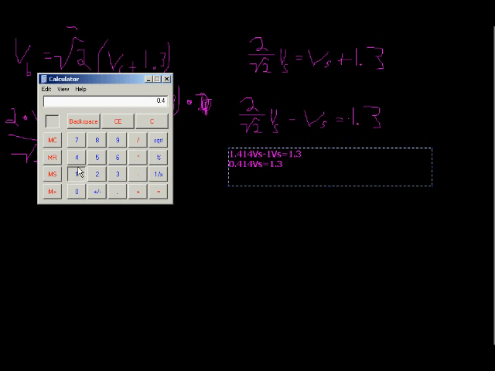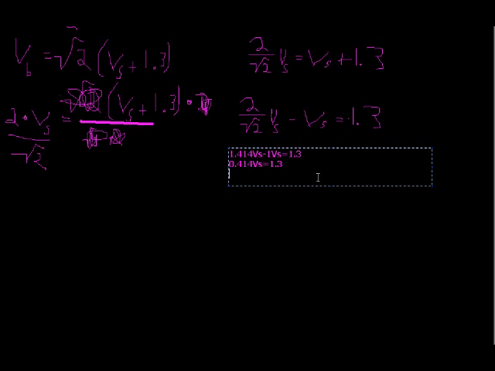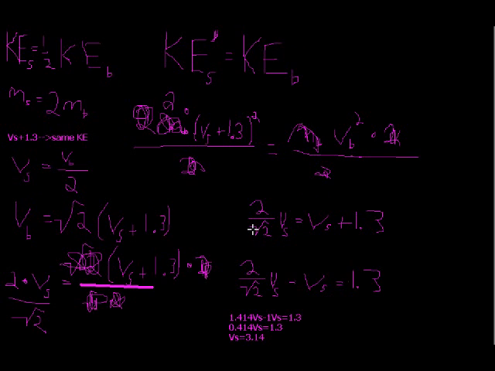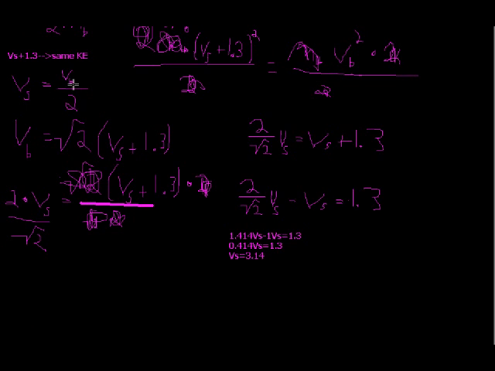We get 3.14. So the student's velocity equals 3.14. And then remember, if we scroll up a little bit, we said the student's velocity is half the brother's velocity. So if we just double the student's velocity, we get the brother's velocity.